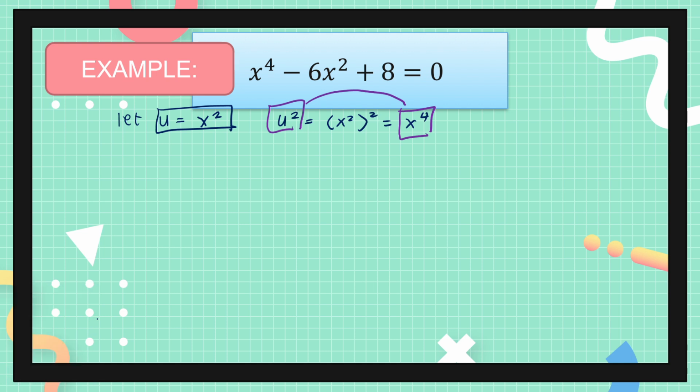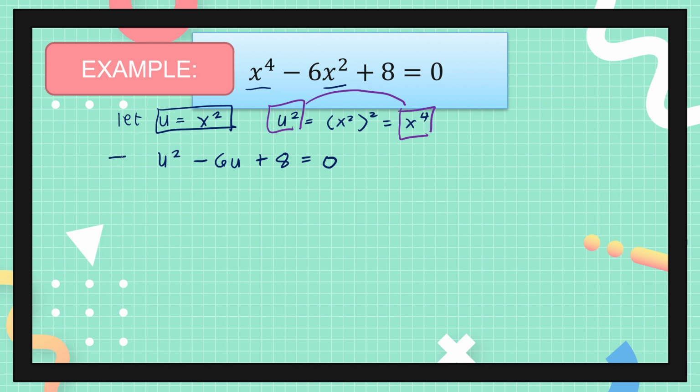So based on this representation, we will change the variables of the given example. If the first term here is x raised to 4, it will become u squared. So we have here u squared minus 6, and then x squared will be u, plus 8 equals 0.